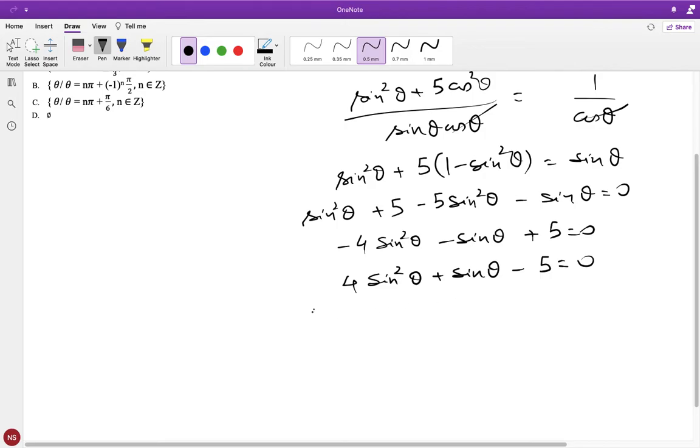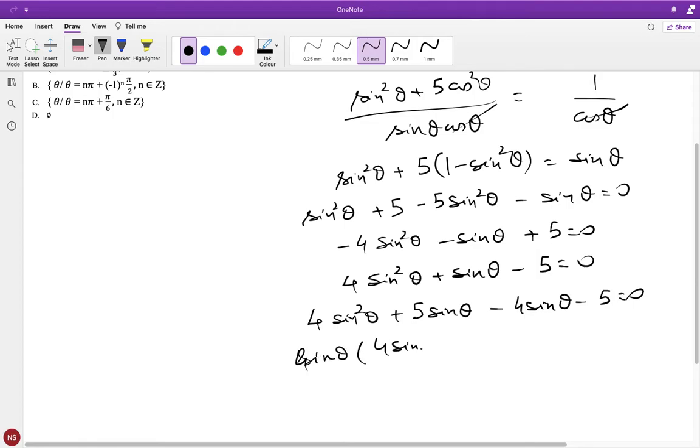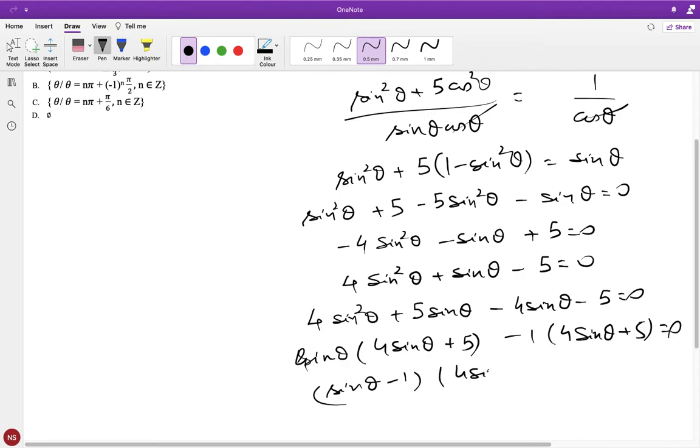Now let us just try to factorize it. 4 times 5 is 20, so 5 sine theta minus 4 sine theta. Take sine theta common, 4 sine theta plus 5, minus 1 common from here, 4 sine theta plus 5 is equal to 0, or sine theta minus 1 into 4 sine theta plus 5 is equal to 0.